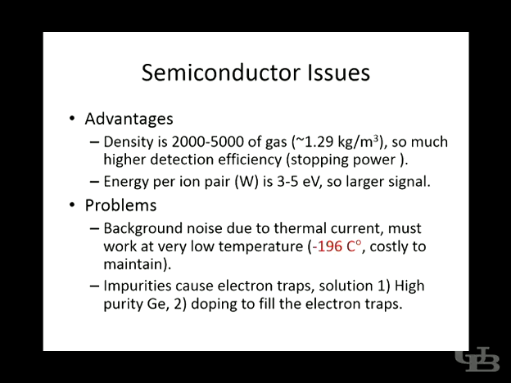Another advantage is that the energy per ion pair in a semiconductor is lower. What does that mean? If the photon-matter interaction consumes a certain amount of energy, in a semiconductor more ion pairs are produced.